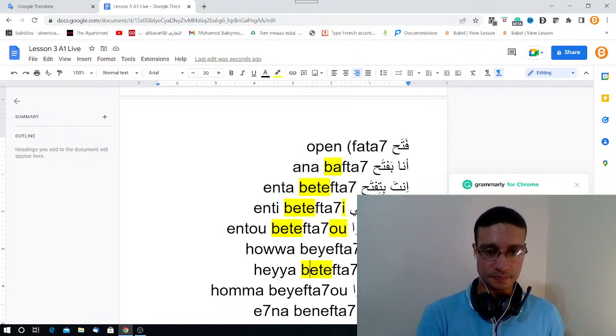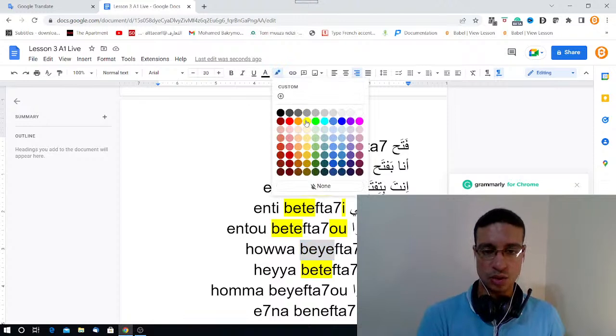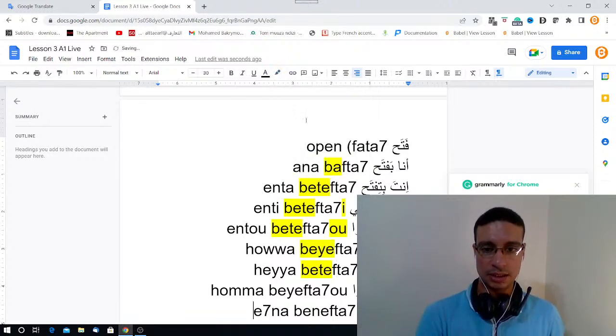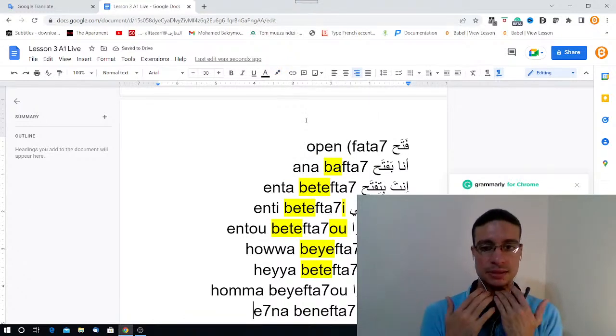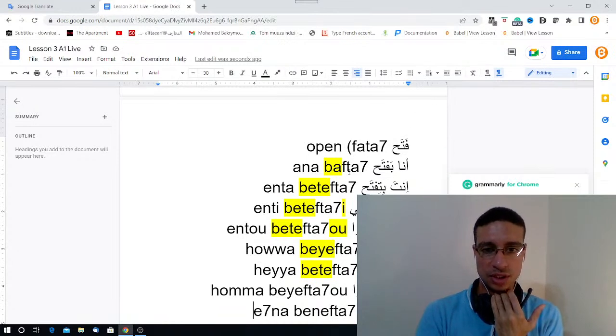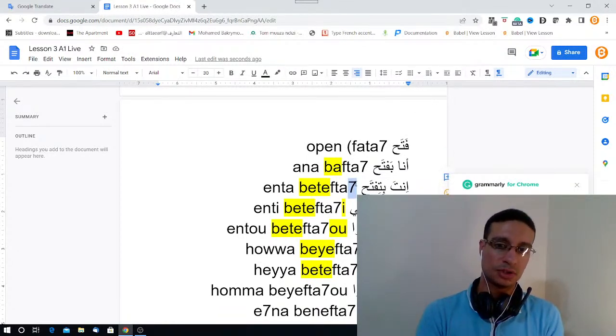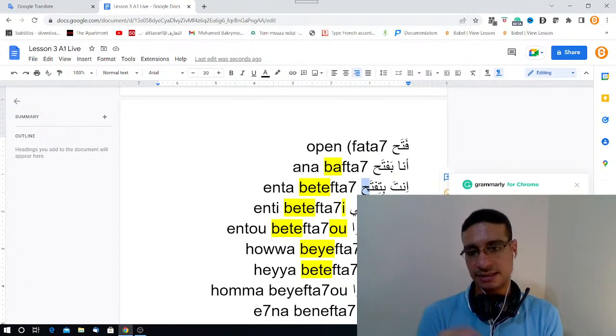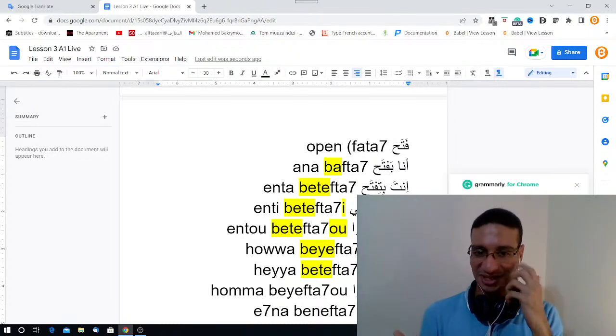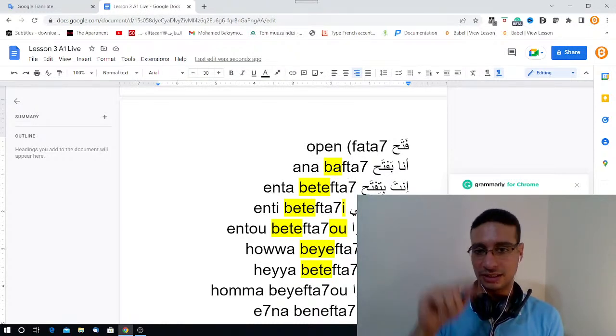هو بيفتح. And you see how I pronounced this one? I write here number 7 because the letter ha doesn't exist in English. This is just to emphasize that this is the letter ha, which doesn't exist in English, and I don't like to write it like an H, because it's different.